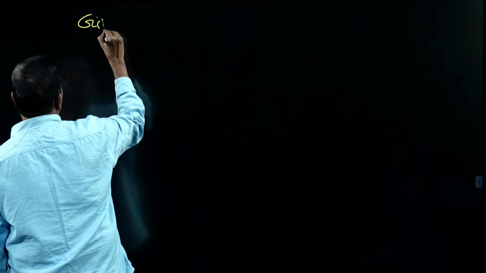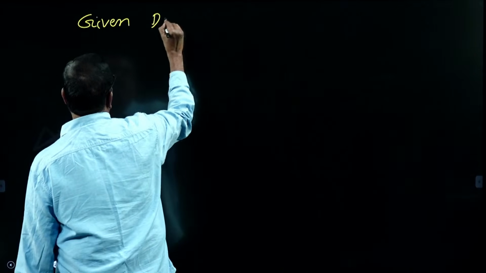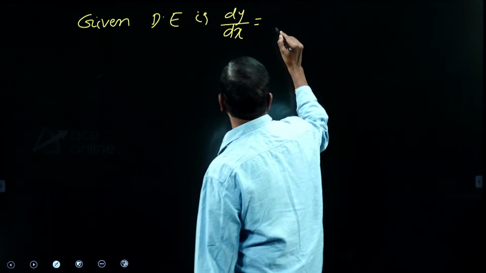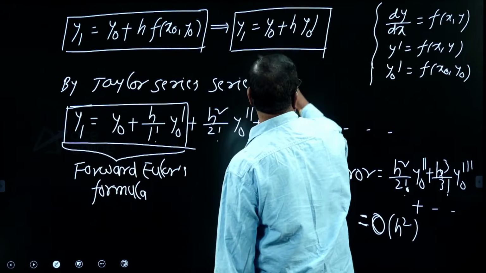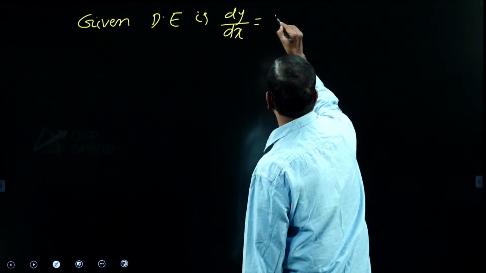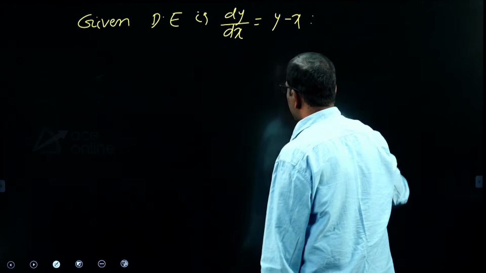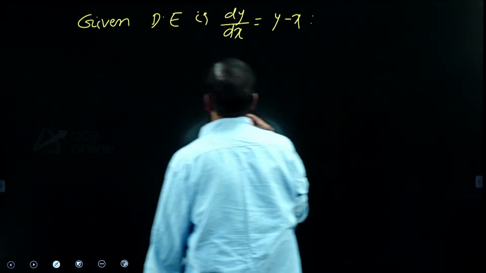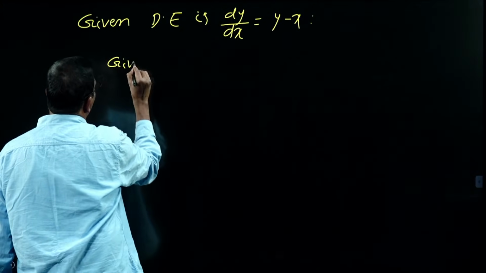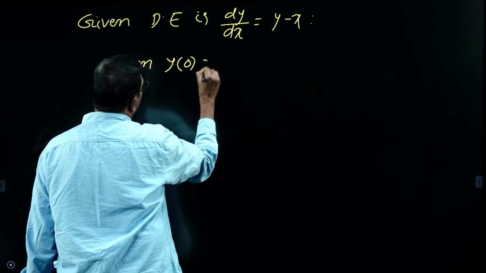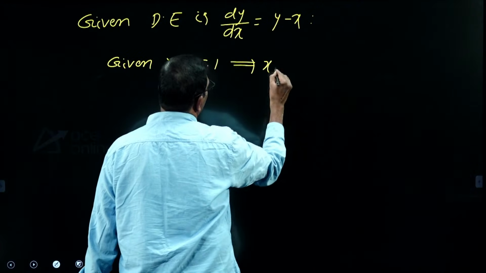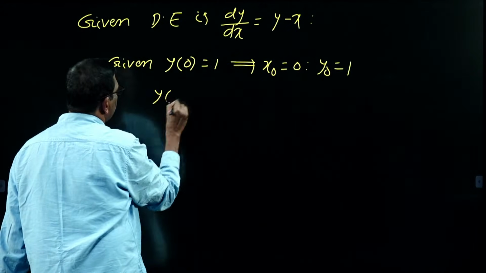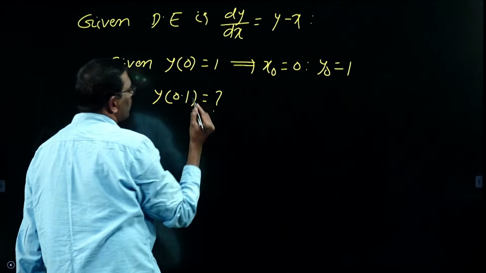Given differential equation is dy by dx is equal to y minus x. Initial condition given: y of 0 is equal to 1, which means input x naught is 0, output y naught is equal to 1. Y of 0.1 they are asking, that is our question mark.